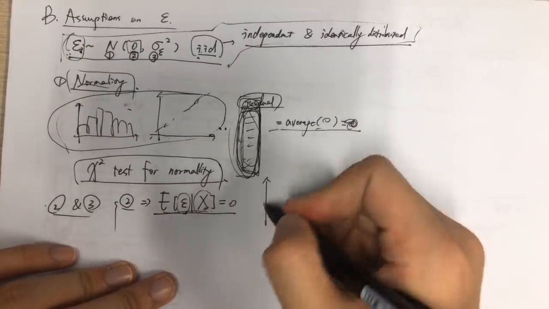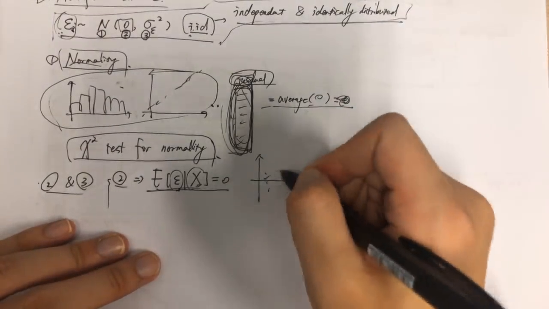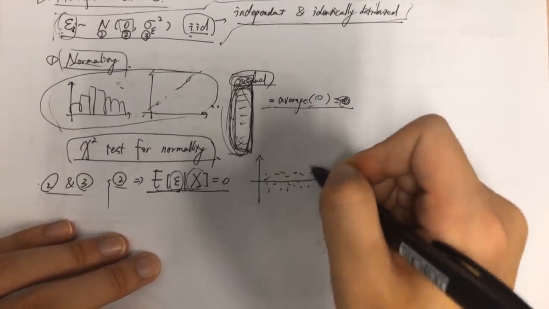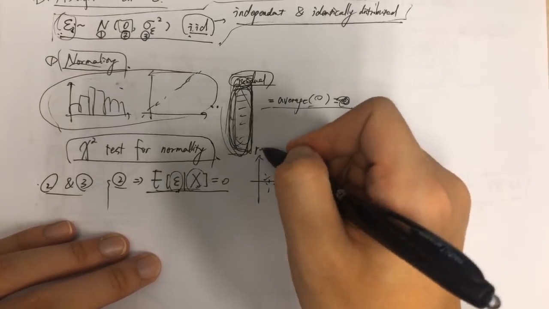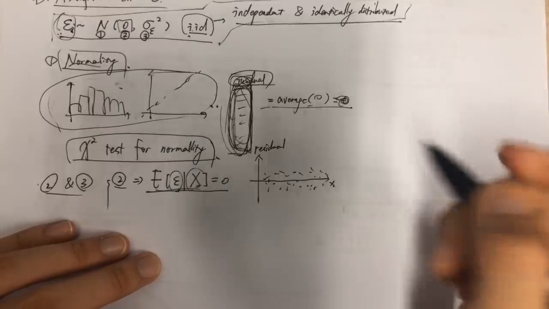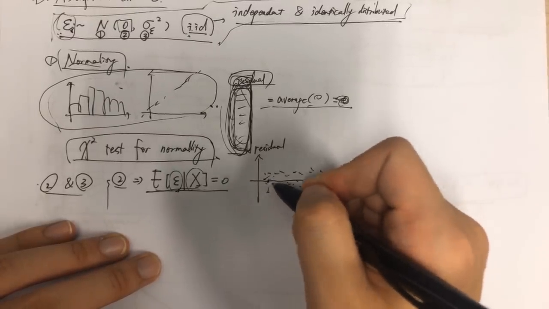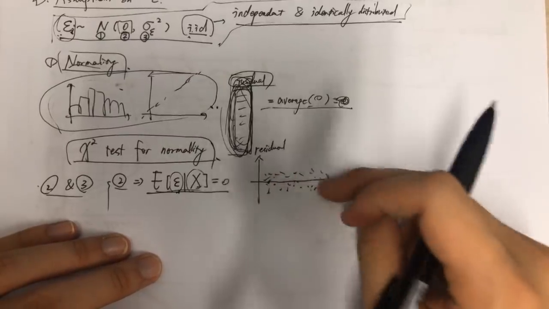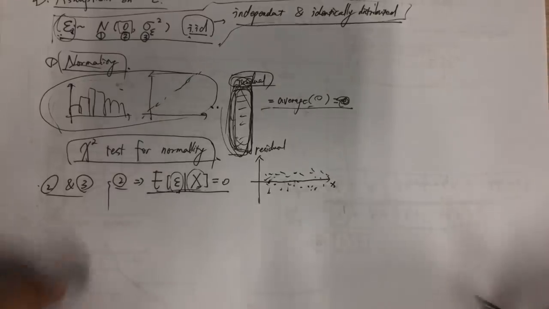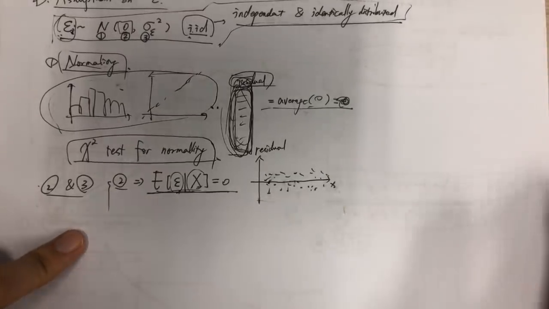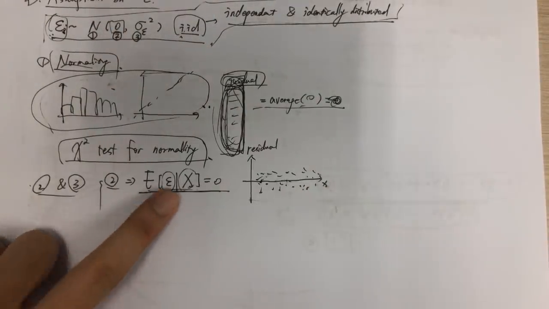So this means the residual should look like this. Because for any x values, and this is residual against x, you can see the average is roughly 0 because all those residuals are around the x line, right? So this is how we check whether the second assumption, the mean 0, holds, okay?